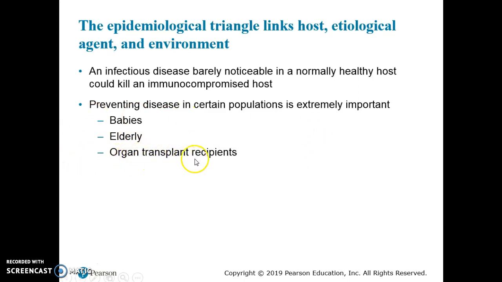Right? For organ transplant recipients, their immune system is specifically told not to react so stringently, because the doctors don't want that organ to be attacked by that recipient's immune system.